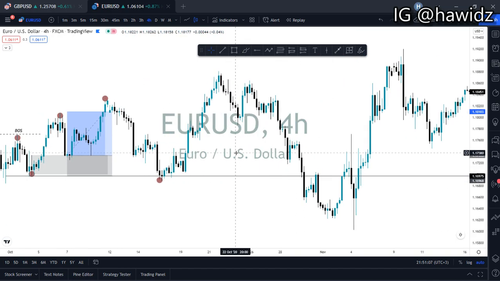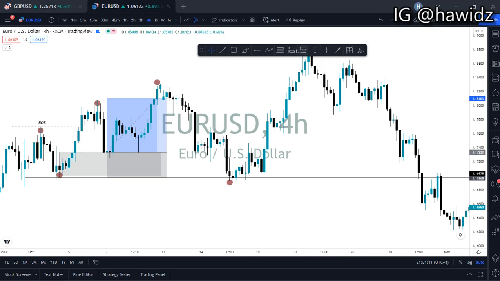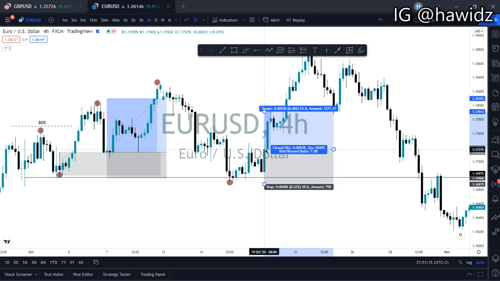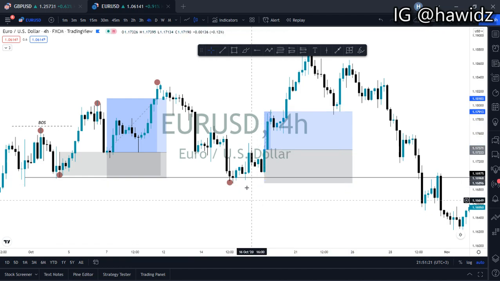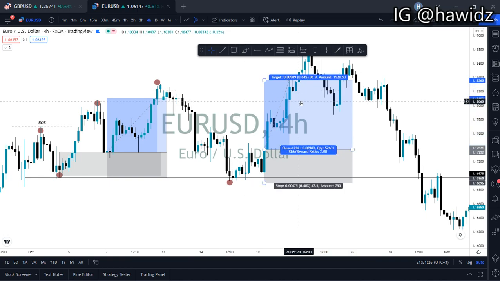So that being said, it means that you would have simply had a trade here right at the close of this candle, boom, protecting yourself below the absorption area and targeting this high here, and that, boom, is another 1 to 2 RR.